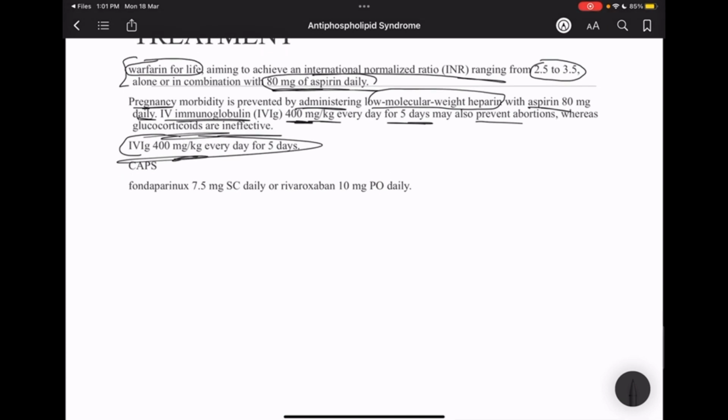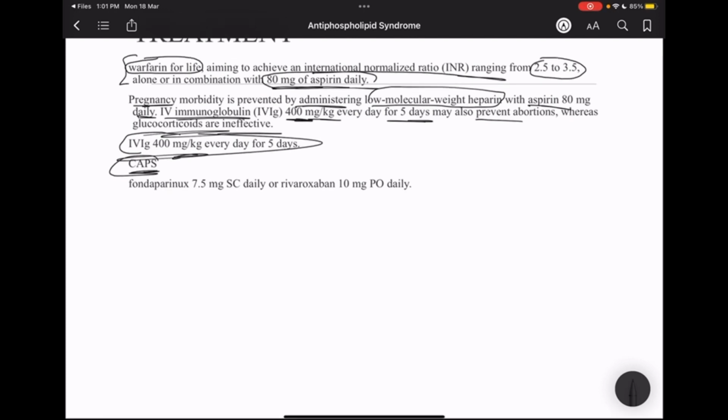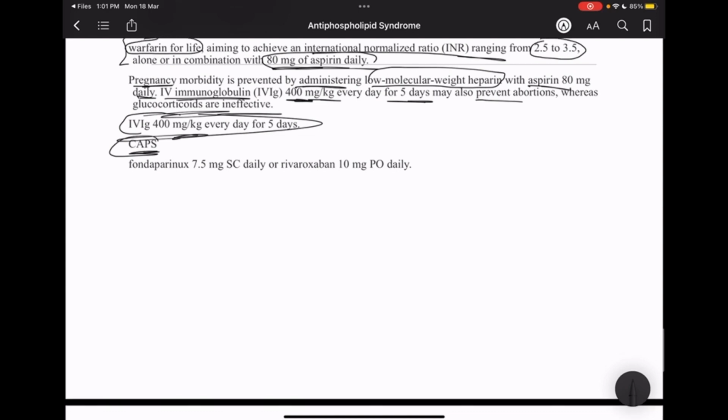Patients with catastrophic antiphospholipid syndrome are in the intensive care unit, and most of them are unable to receive warfarin, so we can give low molecular weight heparin.